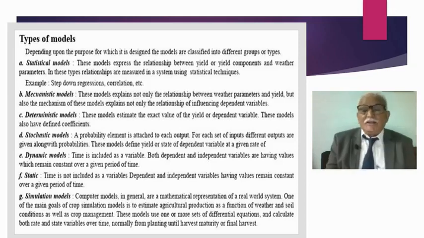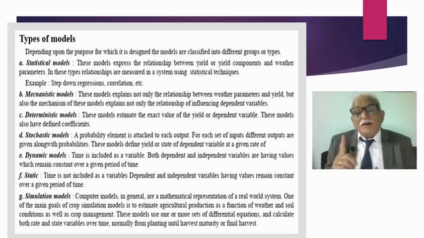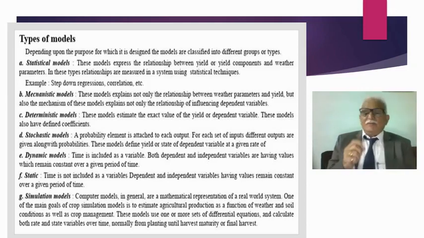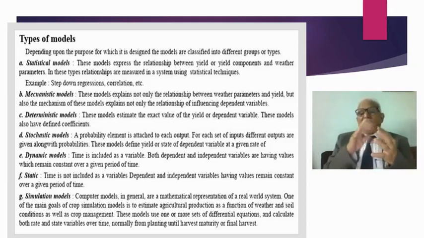Now, what is a statistical model? A statistical model expresses the relationship between yield of a crop or yield components and weather elements. Simply, weather elements, solar radiation, temperature, humidity, pressure, wind, how they are individually or collectively related to yield or yield components. Yield means 5 tons per hectare.